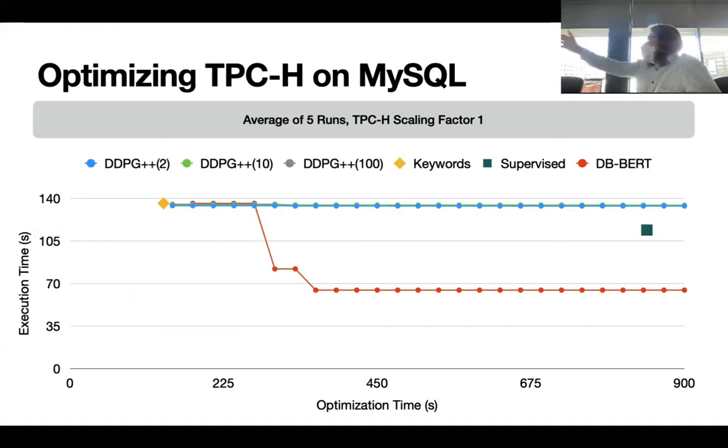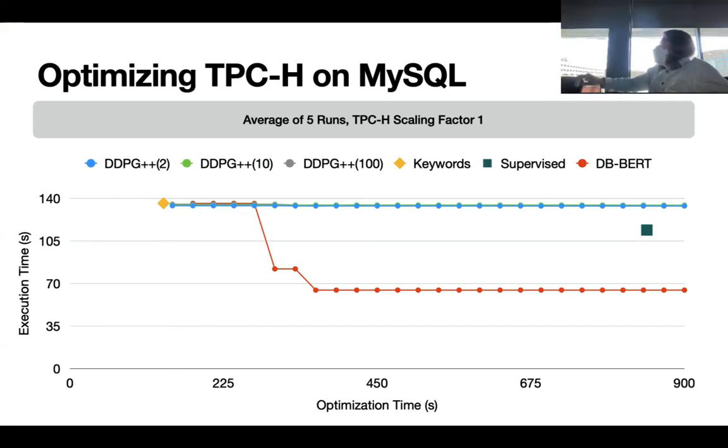As you see here, as optimization time goes on, DB-BERT quite quickly is able to cut the execution time of the TPCH benchmark in half. That is a very significant performance improvement, while for the other baselines, that doesn't quite happen because the space of possible settings is just too large.